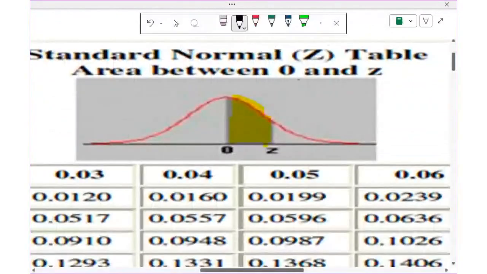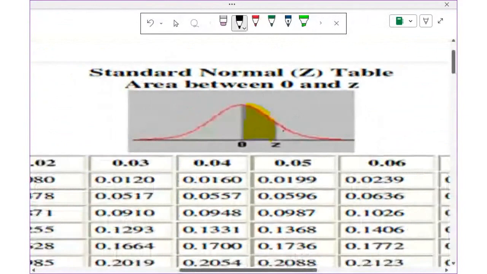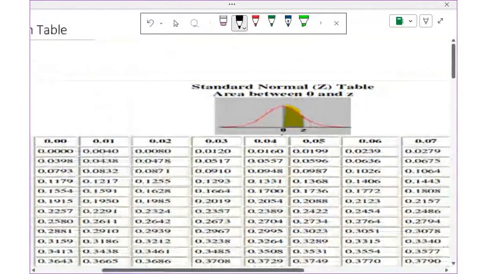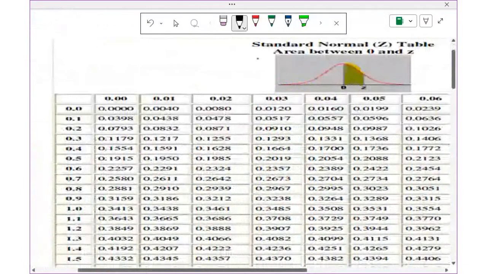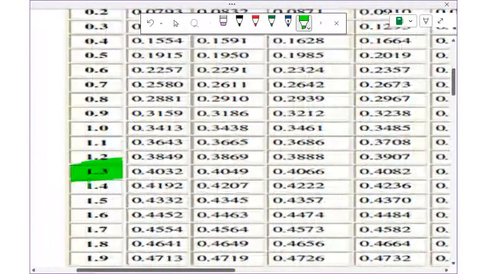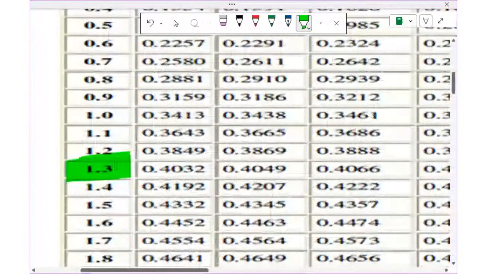Now in the second table, how do you see the value? First of all, on the left side, you will find 1.3. This 1.3 I have highlighted in green. First you will always look at one digit after the decimal, which is on the left side of the table. So 1.3 is here.